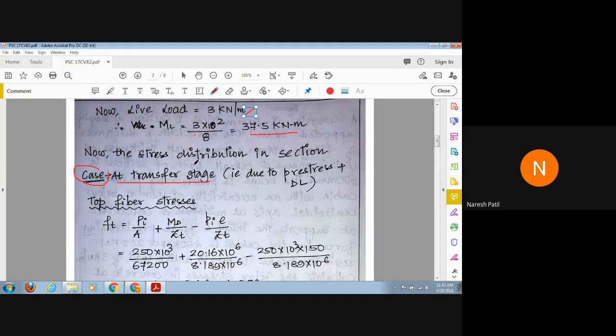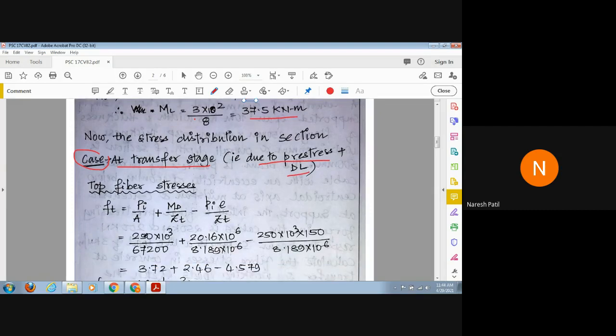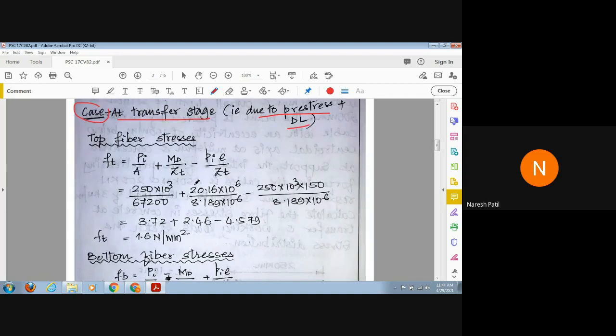Okay. So we have stresses due to pre-stress and dead load. So again we have P by A, MD by Z and minus P by Z. You can calculate here like plus MD by ZT plus ML by ZT also. But here the ML by ZT is not there.